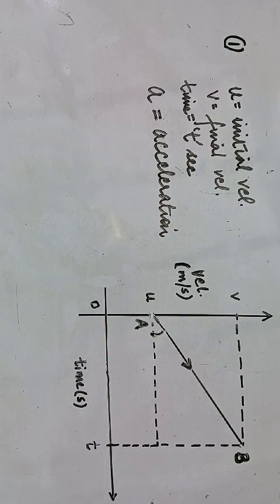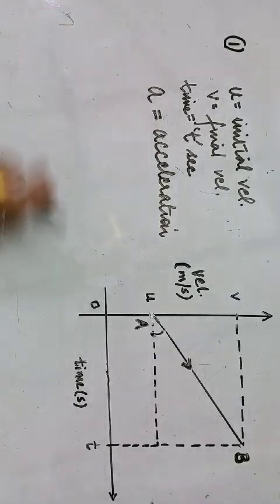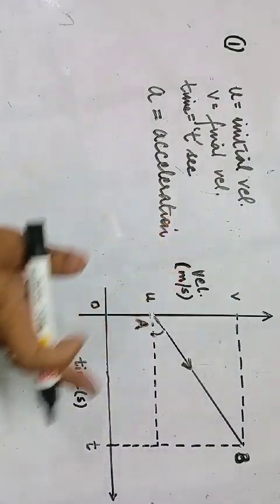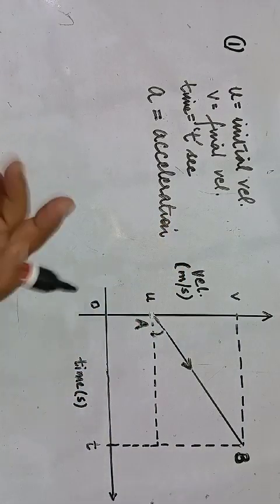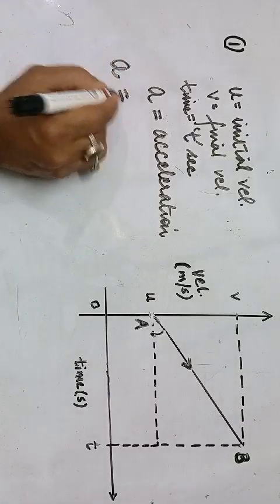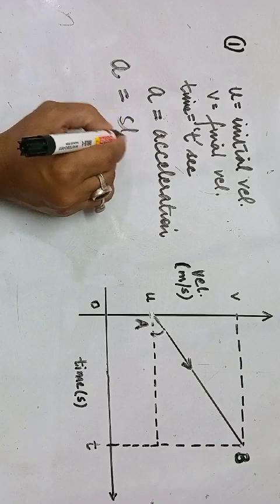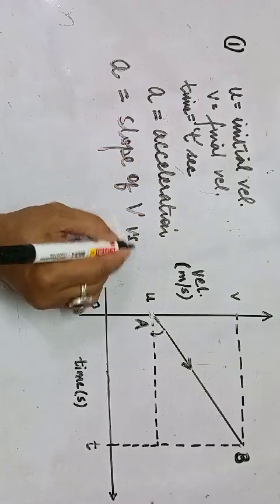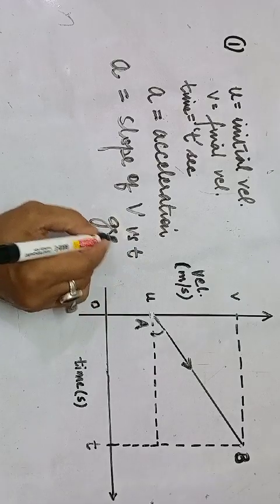As long as velocity is changing, acceleration is there. So if you remember children, from the graphical analysis that we discussed, between any velocity versus time graph, how do you find acceleration? Acceleration is found by finding the slope of the v versus t graph.